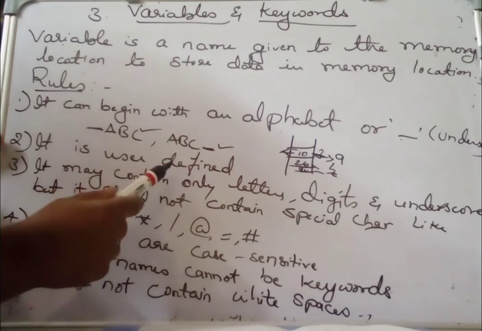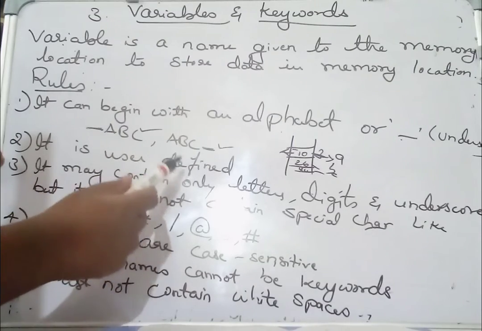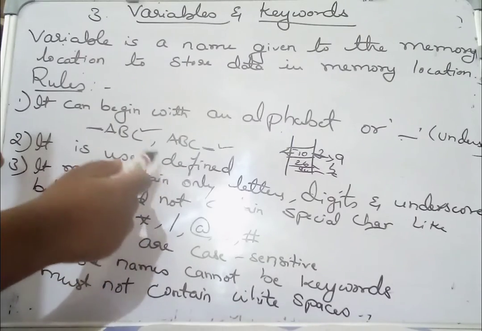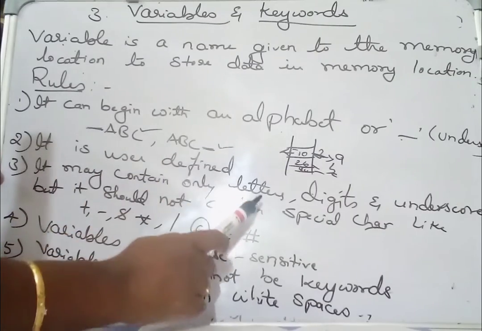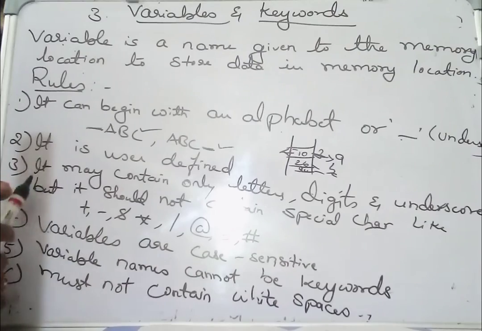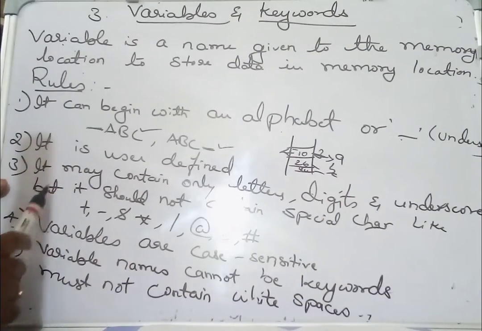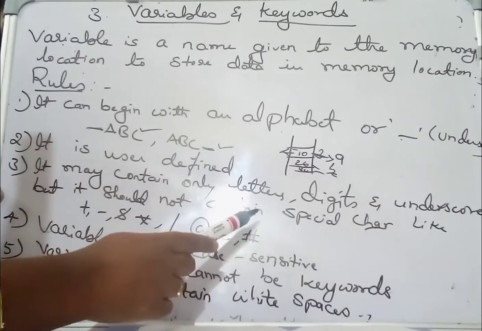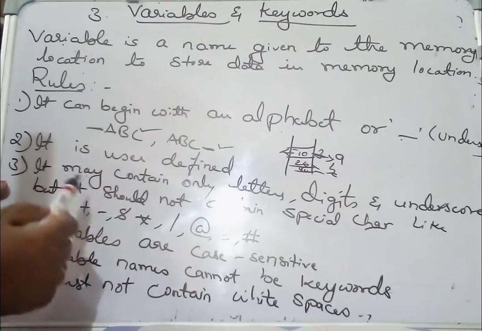Then, it is user defined. The name of the variable is dependent on the user. However you want, you can give names to the variables. The third point is that it may contain only letters, digits and underscore, but it should not contain any special characters or meta characters while naming the variables.